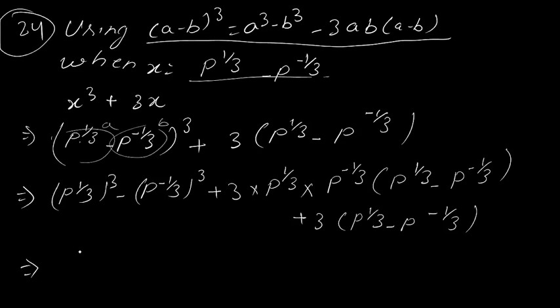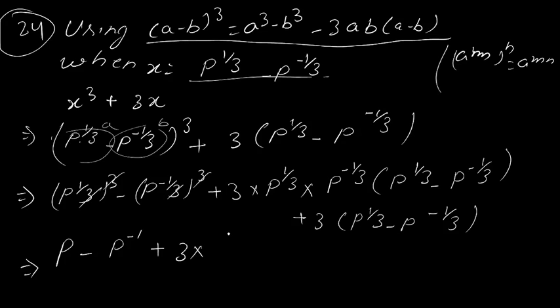Right, sir. Now if you remove the bracket, it is the same as a to the power m whole to the power n equal to a to the power mn, right? So this gives p, and this also gives p to the power minus 1. Now tell me, here what will happen: 3 multiplied by p to the power 1/3 multiplied by p to the power minus 1/3, and this base is same, so the powers get added.